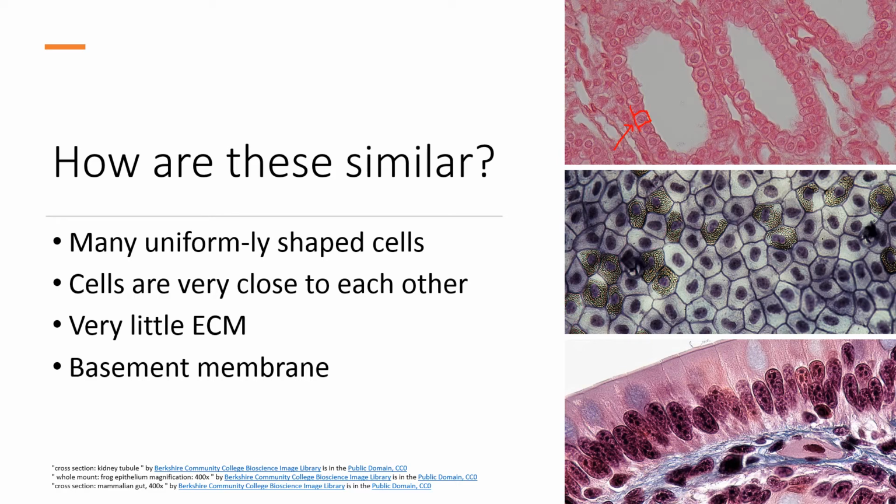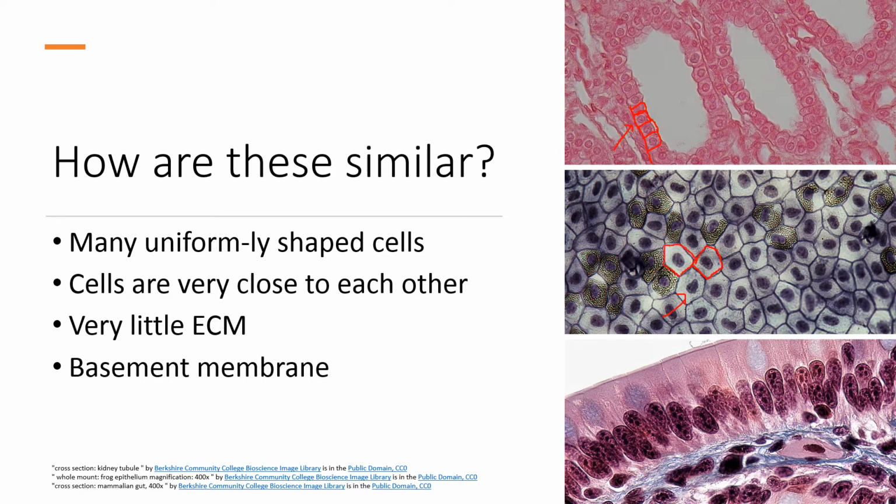You see that? And they have a circular nucleus that's roughly in the middle of the cell. So all of the cells look kind of similar. Here, the cells look kind of like pancakes or fried eggs, but again, roughly the same shaped nucleus in the middle of the cell.